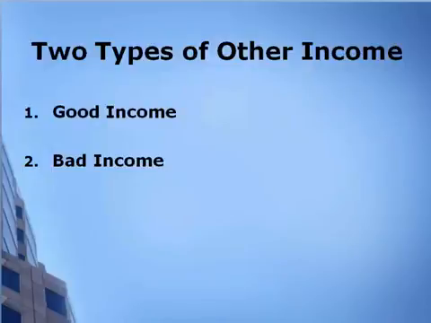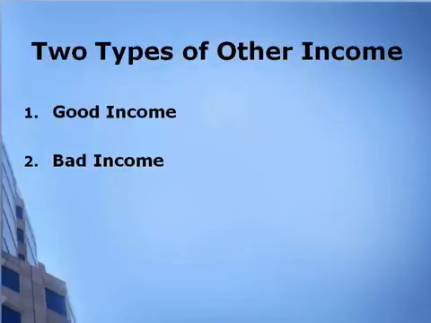Well, why shouldn't we include it? Well, the fact is because remember, what we're doing here is we're trying to calculate out the net operating income. And the way we calculate out the net operating income is to start with the income section and then subtract the expenses, and that's how you get the NOI. Now, if we include all income in the category, that's going to increase the net operating income, which increases the value of the property, which means we pay more for that property.